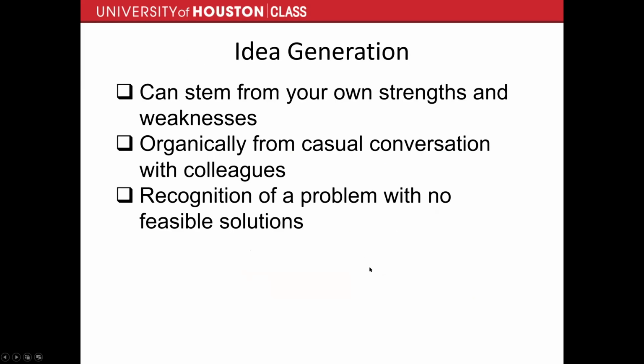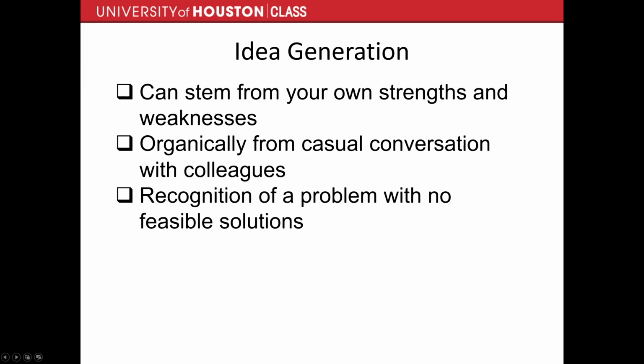So with idea generation, this can stem from maybe your own strengths and weaknesses. I've had people come up with ideas just from random conversation or just doing something basic and they get an idea for a research project. It can also come up organically from casual conversation with colleagues.